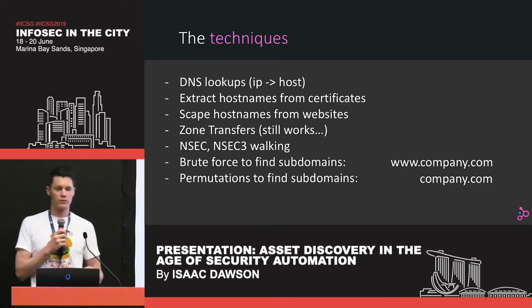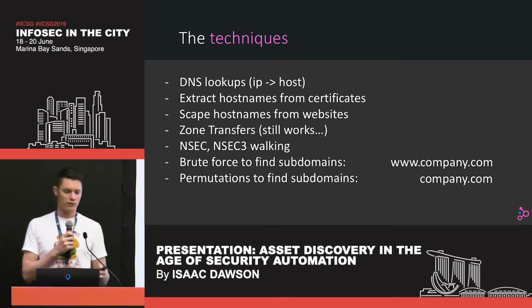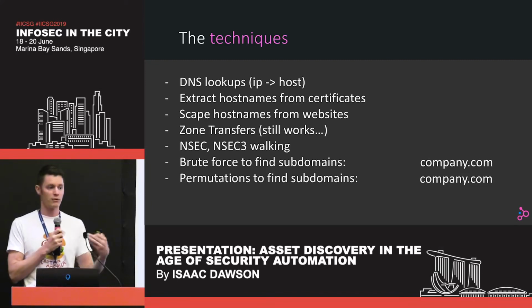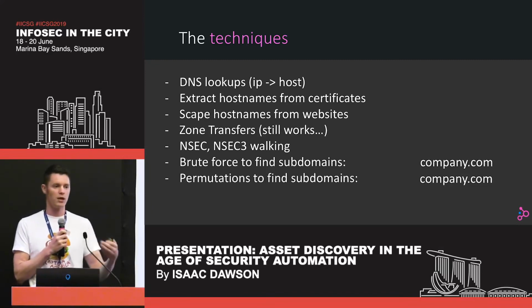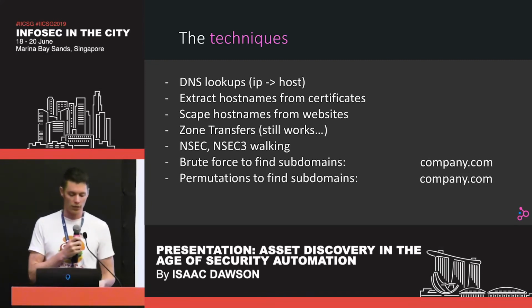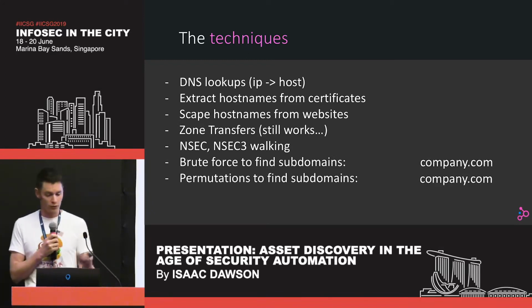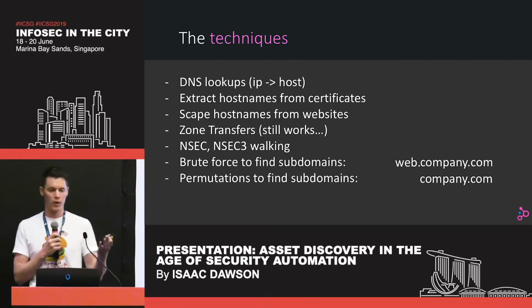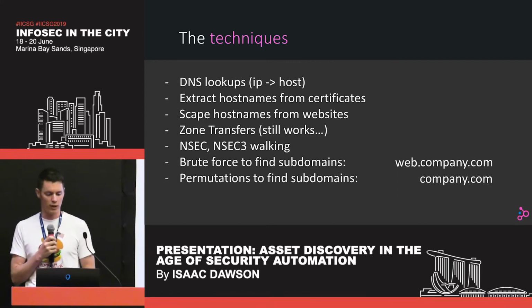Extracting host names from certificates: a lot of certificates these days, you can apply for a single certificate that matches multiple domains, and sometimes you can use that information to extract additional subdomains you did not know about. Scraping host names from websites is another big one, where you load up the web page and take all the links out, and sometimes they include subdomains.